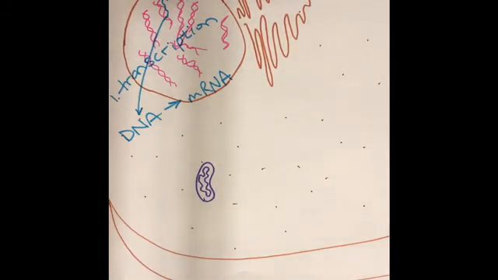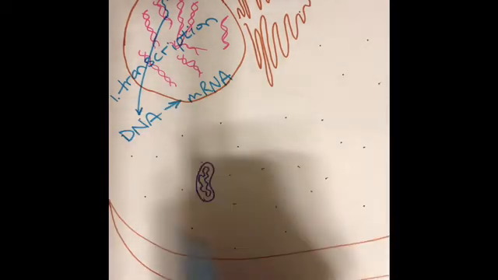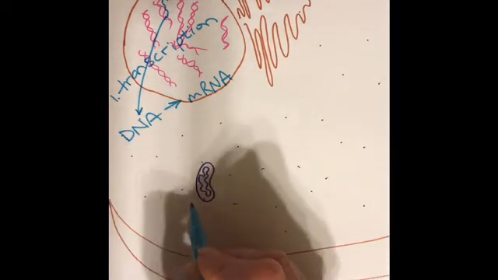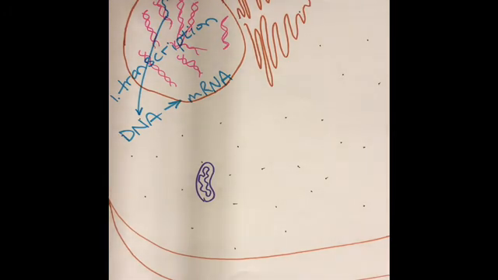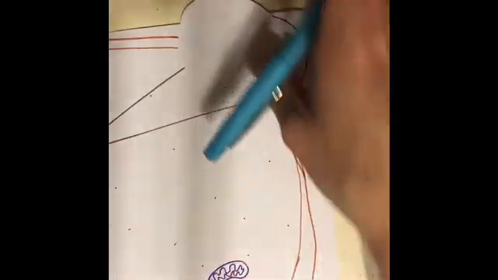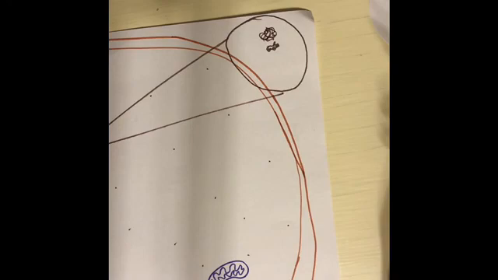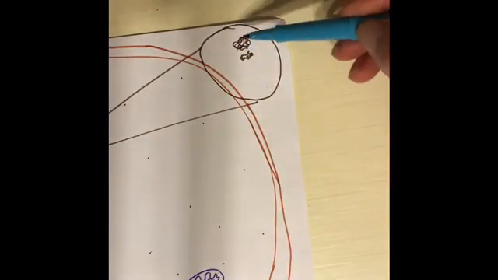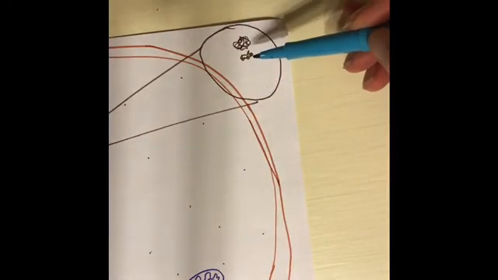Now that piece of messenger RNA, once it gets to a ribosome, then needs to be translated. Now the ribosome looks like a very small circular type organelle in the cytoplasm. We often draw them as dots, but in reality, the ribosome is actually a piece of RNA itself that is coiled into a large subunit and a small subunit.